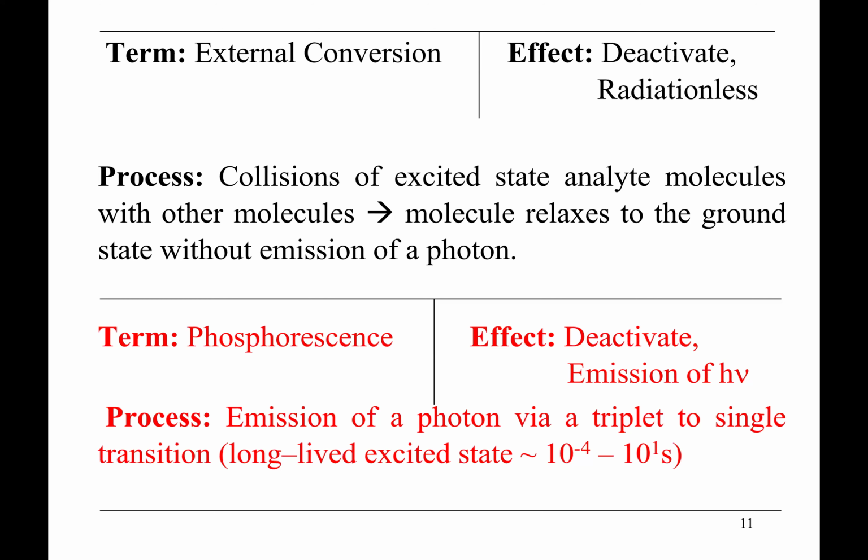It's 10 to the minus 4 to 10 to the 1, to 10 seconds. 10 to the minus 4 seconds is how many milliseconds? 0.1. So all the way from 0.1 to how many milliseconds? 10,000? So you can count it later.